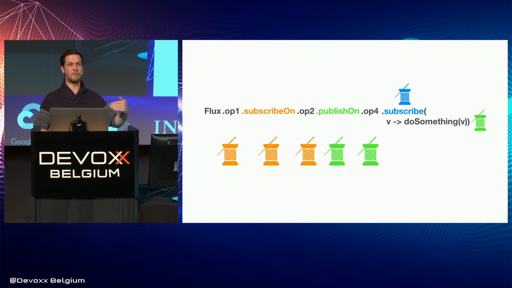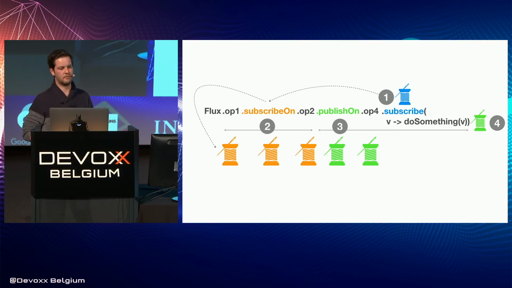And then we hit, on the way back, publishOn. And there we switch to a third thread, the green one. OP4 does its transformation on that third thread. And then you get the final form of your data, and it's passed to the lambda. So the lambda actually executes in the green thread, even though the subscribe was executed in the blue one.